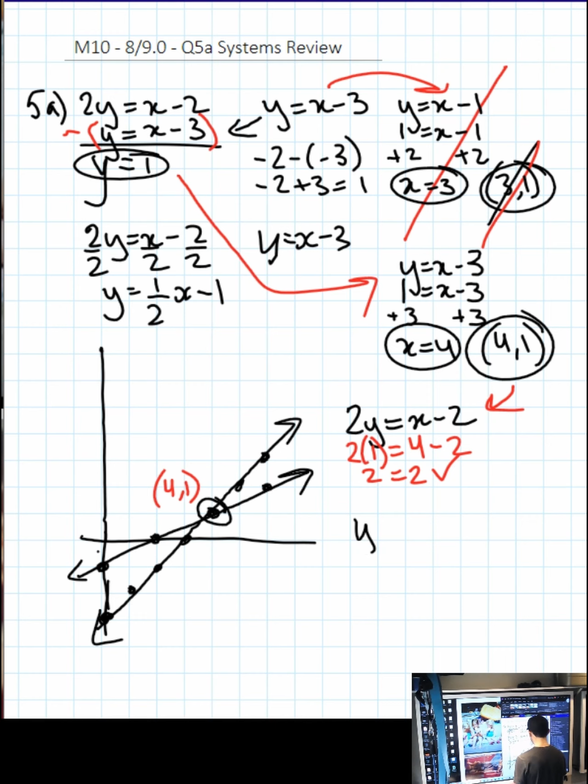I'm going to more carefully write it down: y equals x minus 3. We can take the point and substitute. x is 4, y is 1. So 1 equals 4 minus 3. 4 minus 3 is 1. Check mark. We absolutely know our point 4, 1 is correct. So we have substitution, elimination, graphing, and checking your solution.